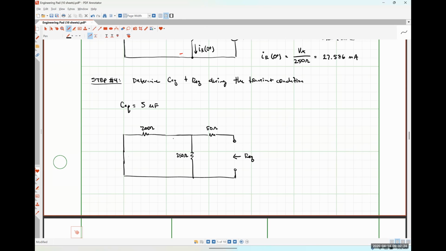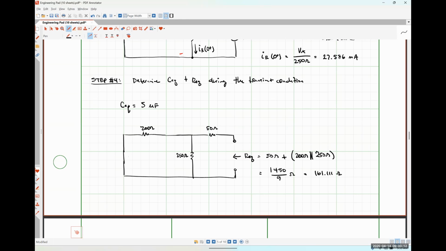So I think I see 200 in parallel with 250 in series with 50, which comes out to be 1,450 over 9 ohms, or 161.111 ohms if that floats your boat.